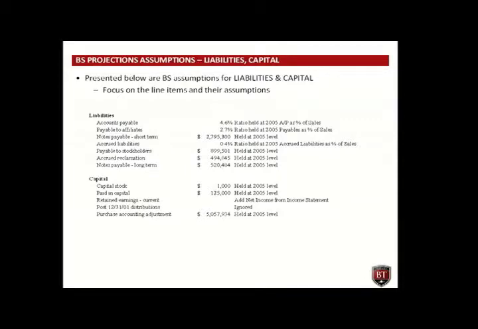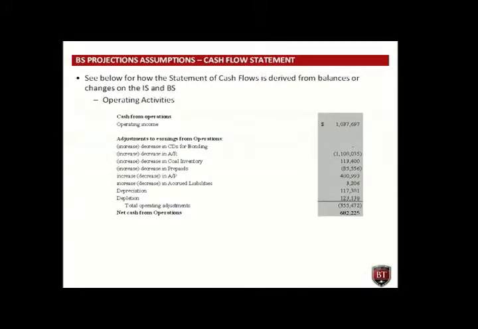For capital stock, there are again assumptions on paid-in capital or retained earnings, which essentially come from the income statement or various other line items. So just make sure you study every line item on the historicals carefully so you can intelligently make assumptions for your balance sheet going forward.